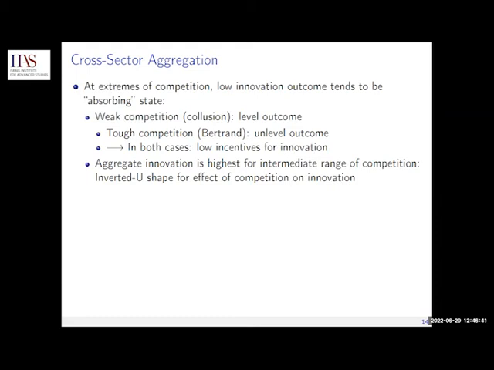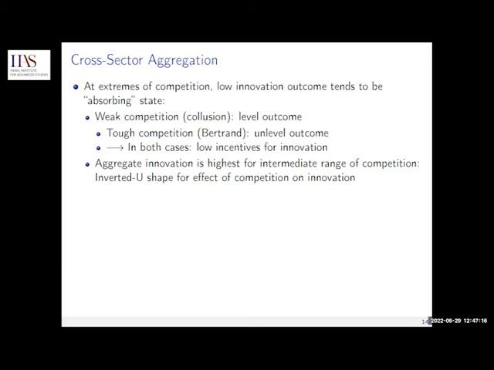Essentially, this property is what's going to generate the very famous inverted U prediction for the impact of competition. When competition is very high or very low, they're thinking about these types of sectors, and innovation is going to be highest in the middle because of these aggregation properties.